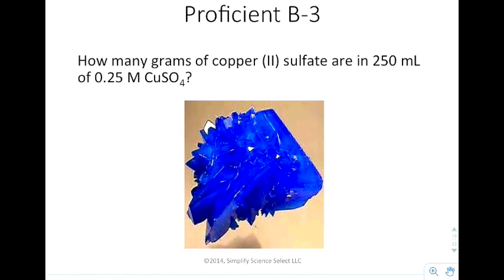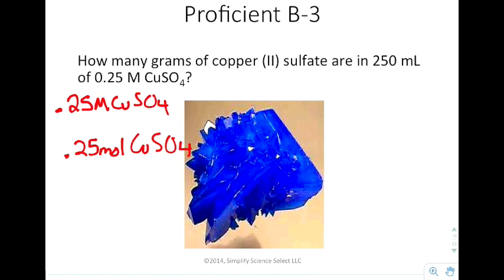Next it says how many grams of copper sulfate are there in 250 mils of 0.25 molar copper sulfate. So we always start off with what we know. We know that I have 0.25 molar copper sulfate. Now remember, the definition of this is 0.25 moles of copper sulfate divided by 1 liter of solution.